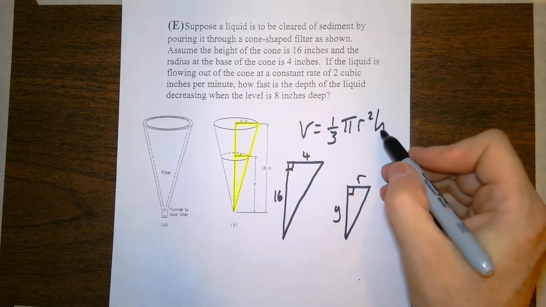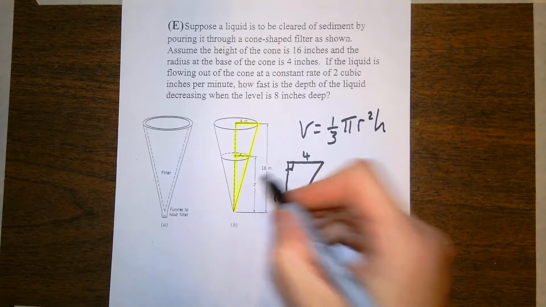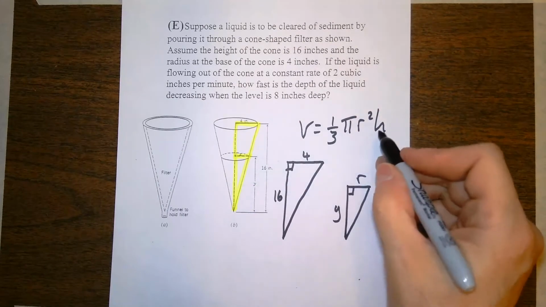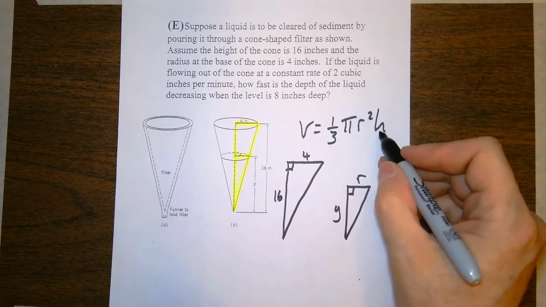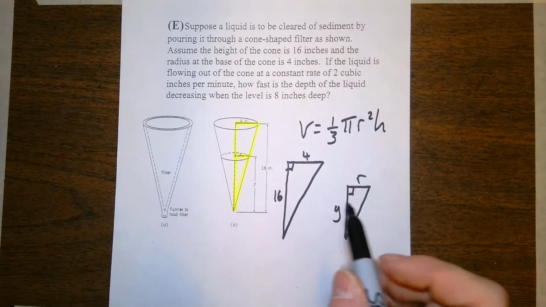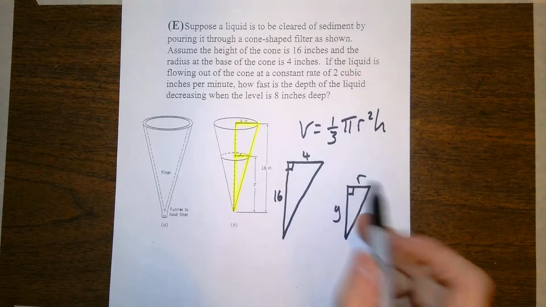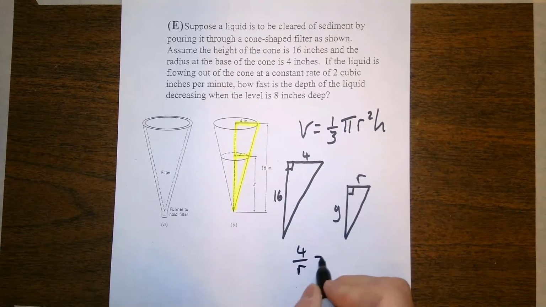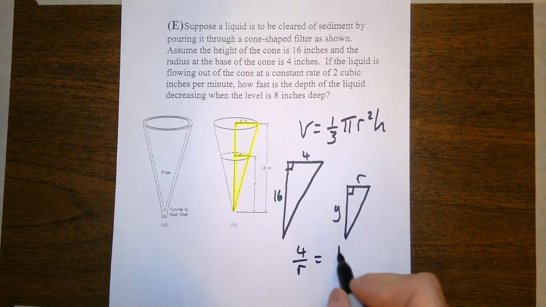If we're going to use h for height, I think we should use h instead of y. If I plug in y and differentiate with respect to y, I think that would be okay as well. So my similar triangles: 4 is to r as 16 is to my height, my y.